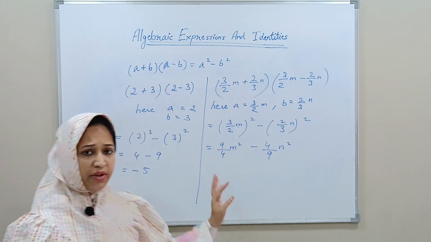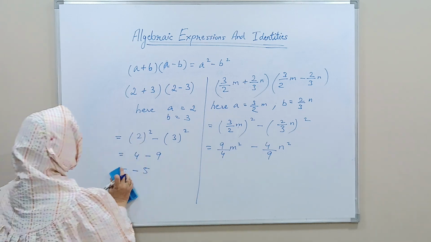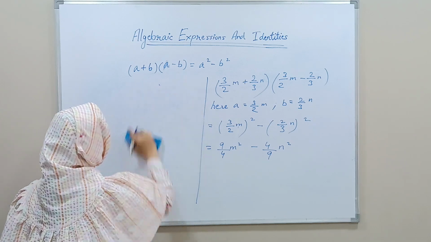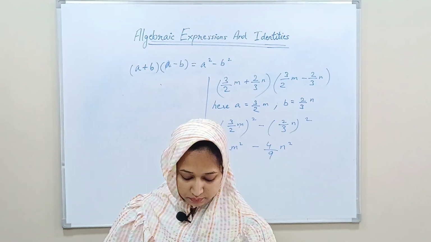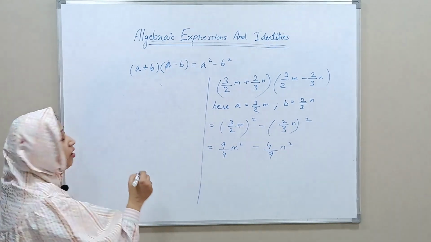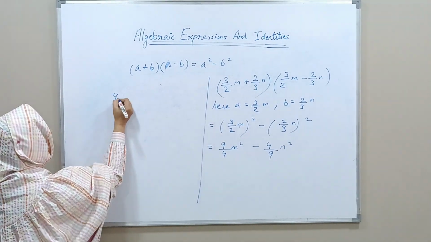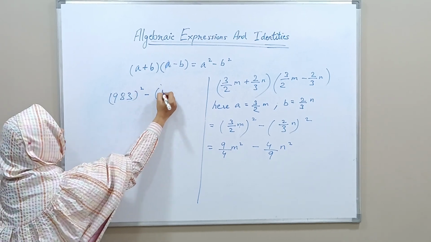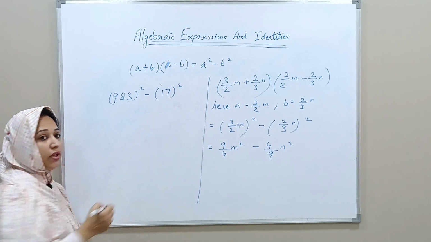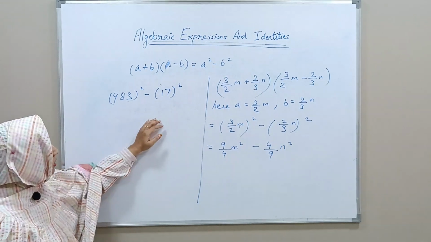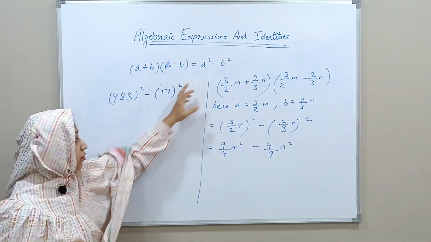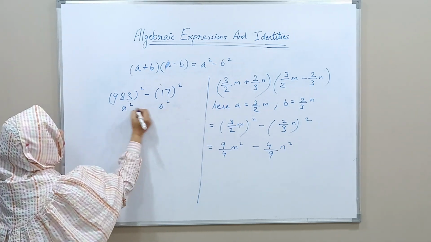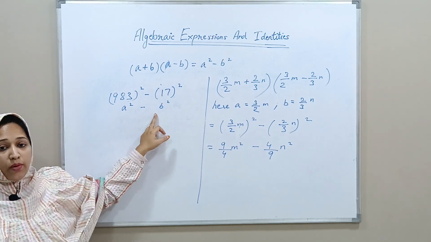Now we can solve in the reverse way also. Suppose you have a question, say, suppose we have 983 square minus 17 square. Now comparing this in the reverse order, this is a square, this is b square. So this matches a square minus b square.